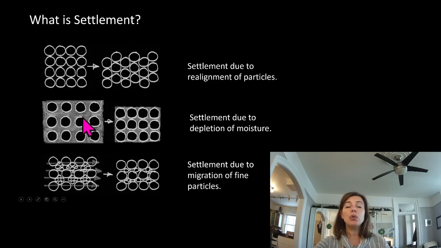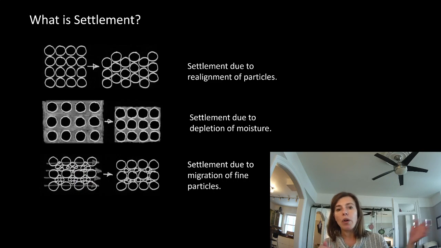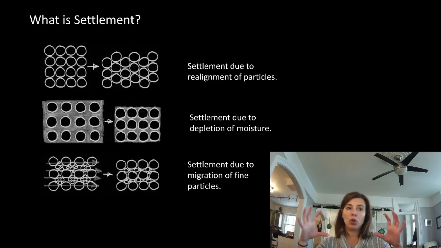We could lose moisture that's in the sand, and so the volume decreases. We could have a mix of big particles and small particles, and if water or something flows through, the small particles could get washed away, and then the big particles clump together more or settle relative to each other.